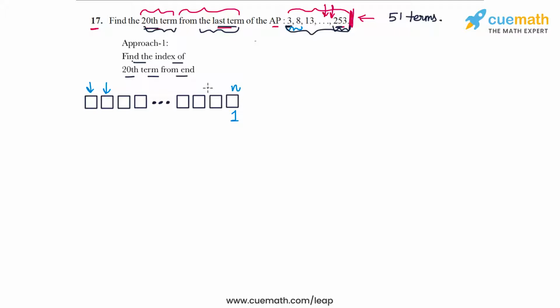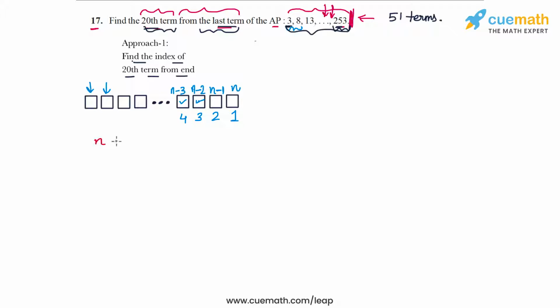The second last box is the n minus 1 term from the beginning, and this is the second term from the end. Then this box here is the n minus second term from the beginning or the third term from the end, and this box here is the n minus third term from the beginning or the fourth term from the end. So what pattern do you see?